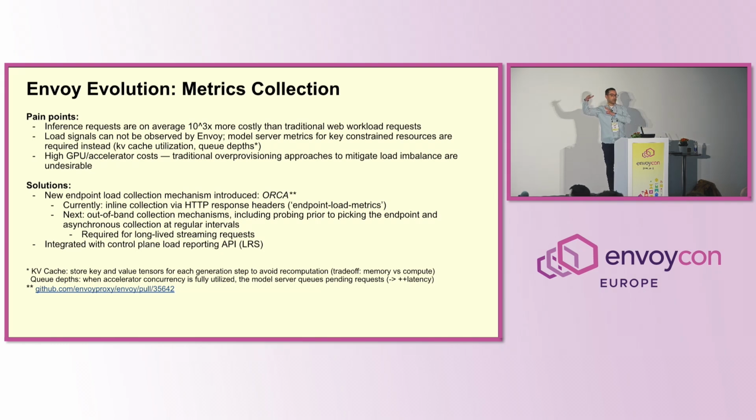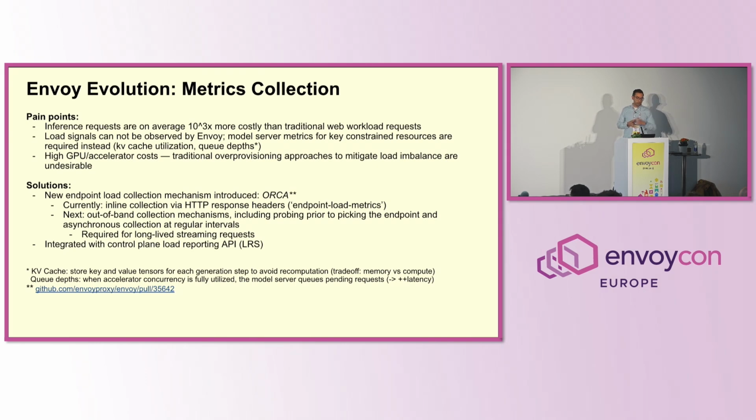Going back to that second component of optimized load balancing is this new metrics collection, right? So the key pain points there are that inference requests are on average 1,000 times more expensive than traditional web workloads, which means that if you misplace one of these requests, it's just much more expensive, and you can really feel it in your tail latency.